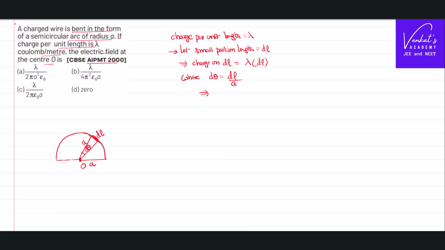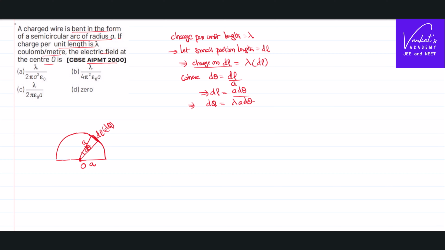That implies dl equals a d theta. So the small charge dq equals lambda into dl, which is lambda a d theta. This small portion has a charge dq.